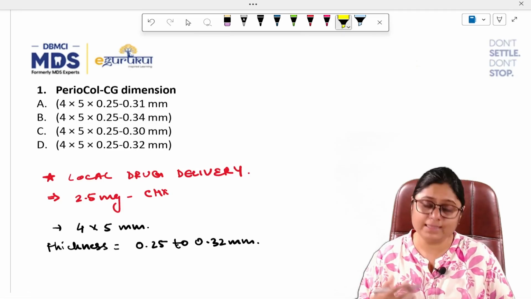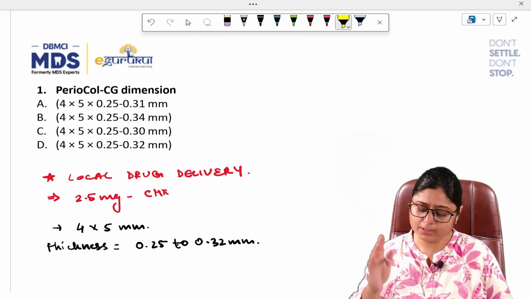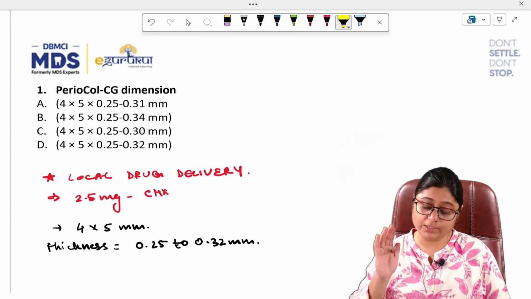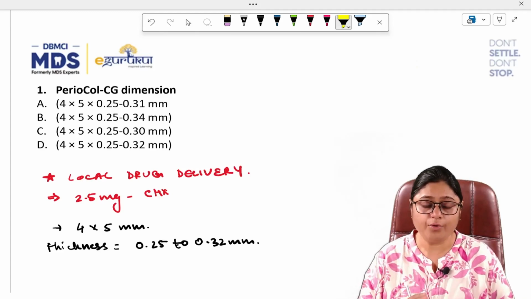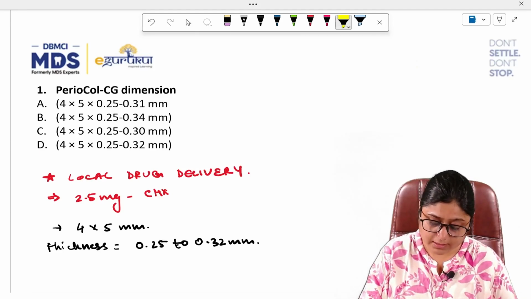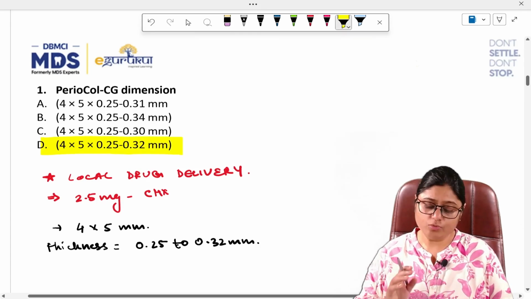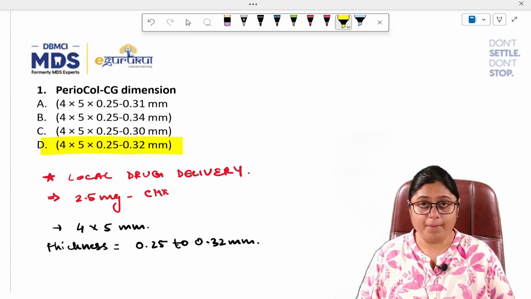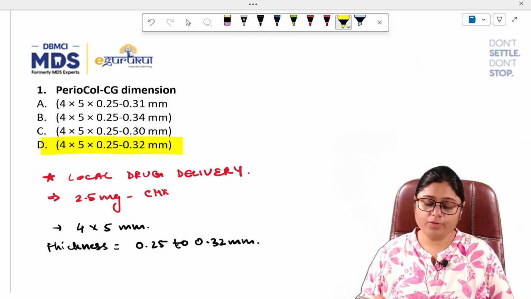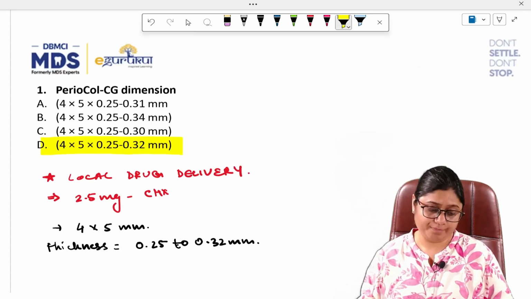The only difference is in the thickness. So, you have to remember that the thickness of this Perol CG membrane is 0.25 to 0.32. So, the answer to this question is number D, which is 4 into 5 into 0.25 to 0.32 mm. Now, this 0.25 to 0.32 mm is the thickness of the membrane.